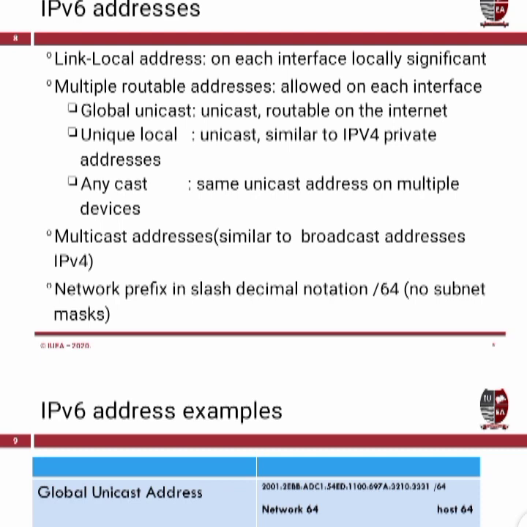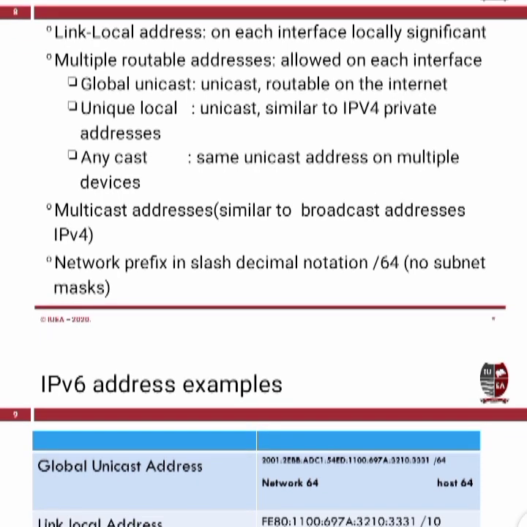Unique local unicast is similar to IP version 4 private addresses. Anycast is the same unicast address on multiple devices. Multicast addresses are similar to broadcast addresses in IP version 4.